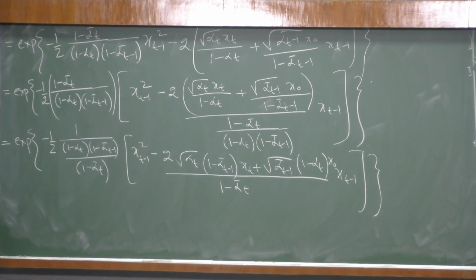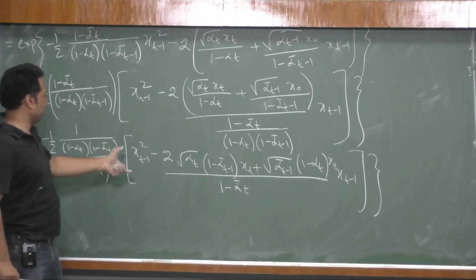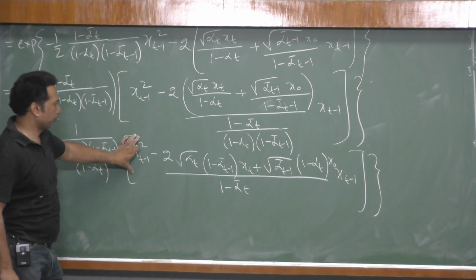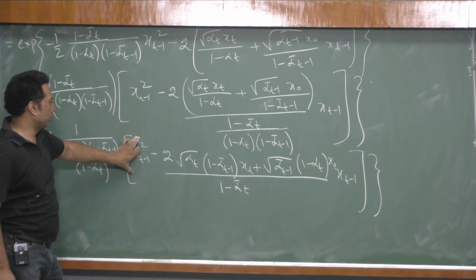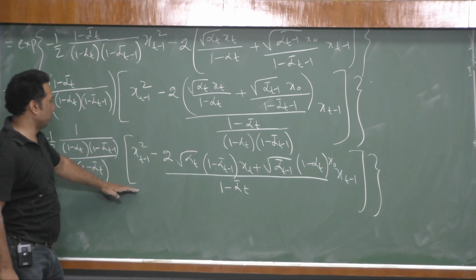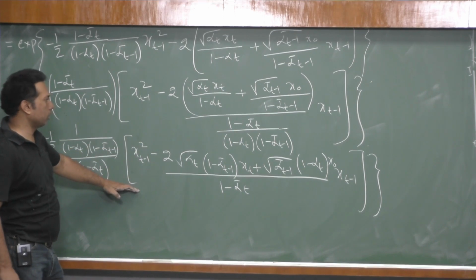Now we will bring that c term back, and it is interesting that when we bring it, this becomes a square. Once it becomes a square, then I can read out the mean and the variance from there.